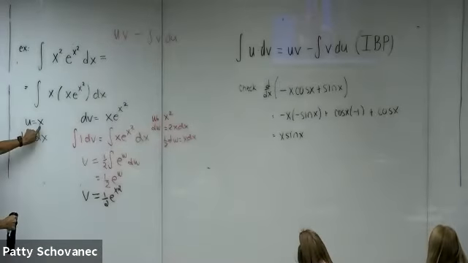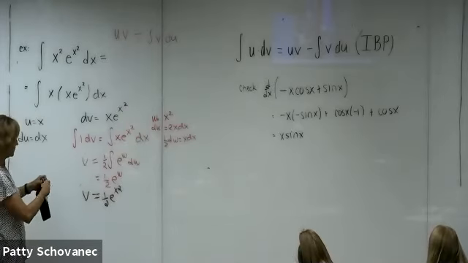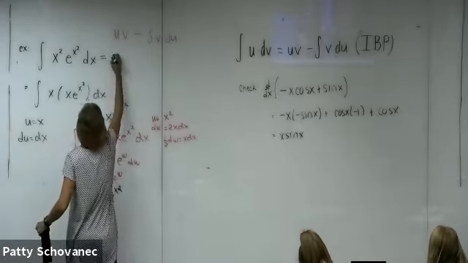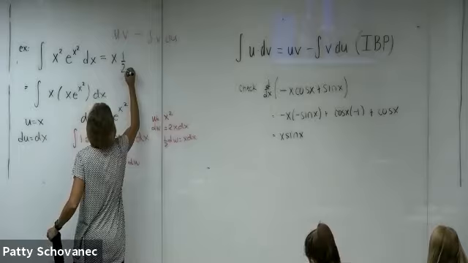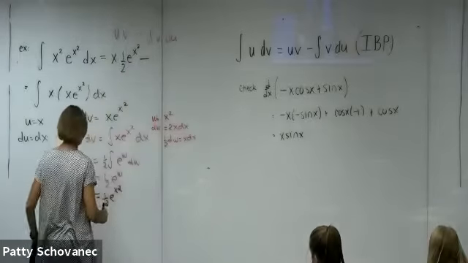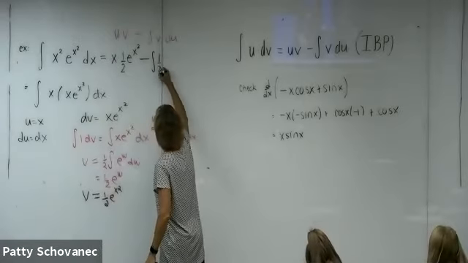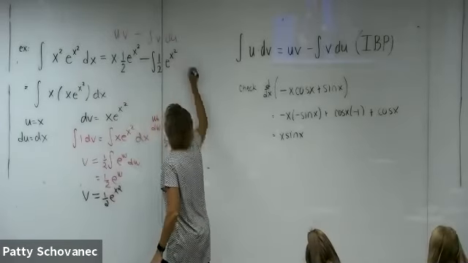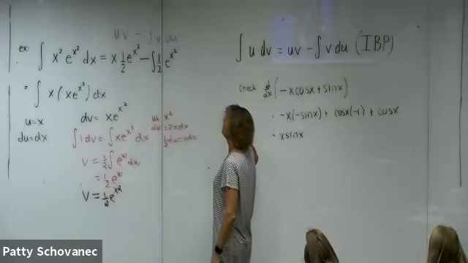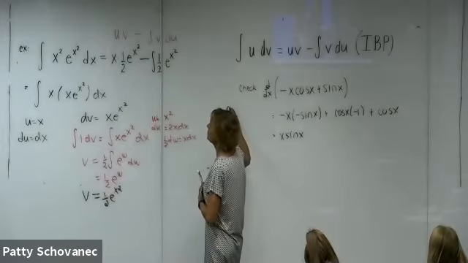So u is x, v is 1/2 e to the x squared. So x times 1/2 e to the x squared, minus the integral of v. V is 1/2 e to the x squared. V du. Du is dx.